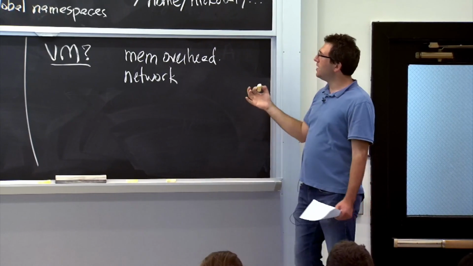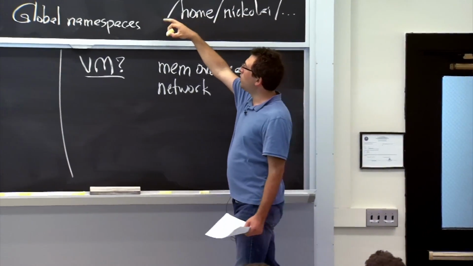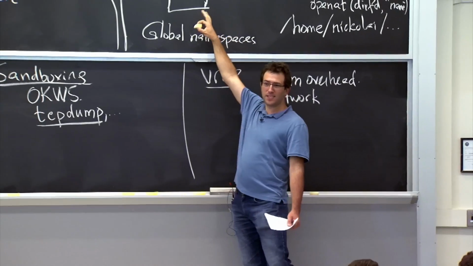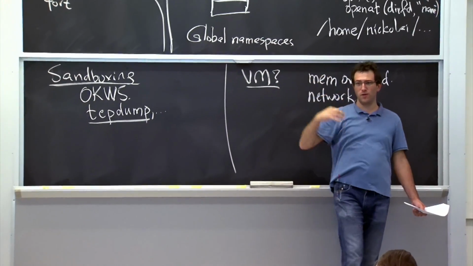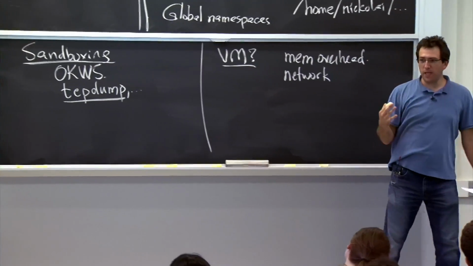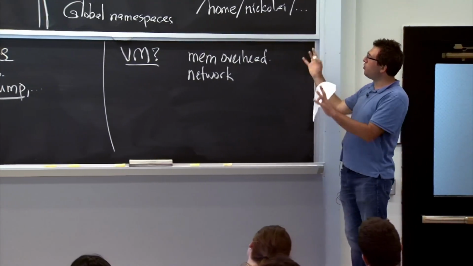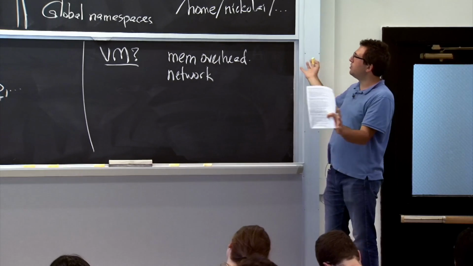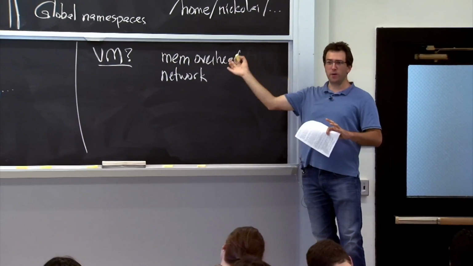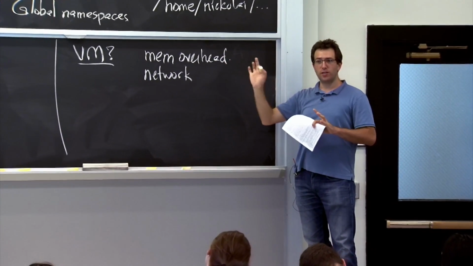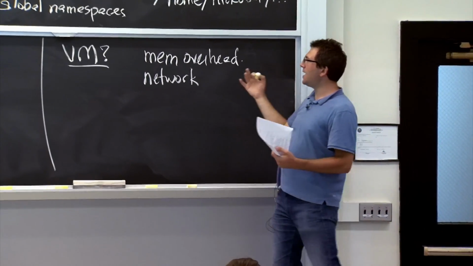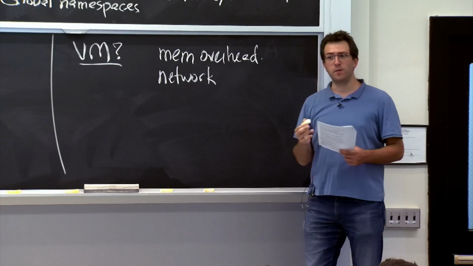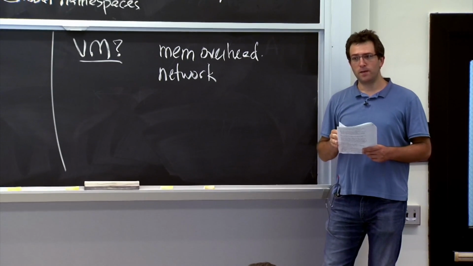You have to basically create all the connections you want ahead of time and fill them in as capabilities, or maybe you have to get them from someone that will pass you a file descriptor. But basically, once you're in capability mode, the set of file descriptors you have open completely enumerates all the machines you'll ever talk to. So if you have open connections, or maybe you're listening on a port, that's OK. But you cannot connect to an address specified by an absolute name, kind of like a global namespace would allow you to do. Does that make sense?